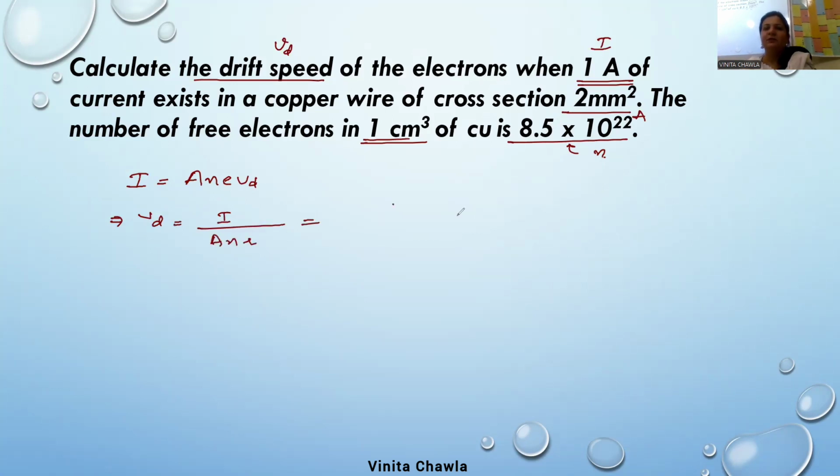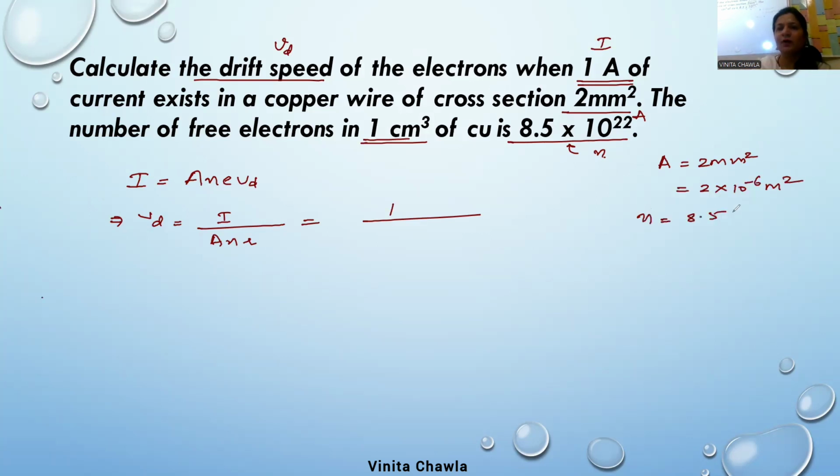It's 1 ampere. See, area is 2 millimeter square. So first we need to convert this into meter square. Number density is 8.5 into 10 raised to the power 22 per centimeter cube. First convert this into meter cube. So it's 8.5 into, 1 meter is 100 centimeter.